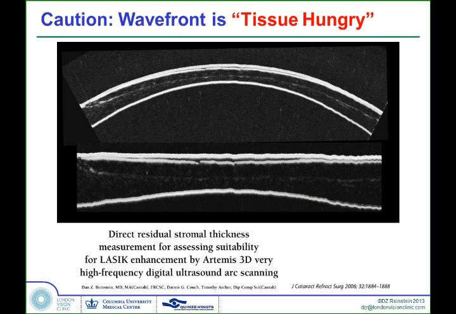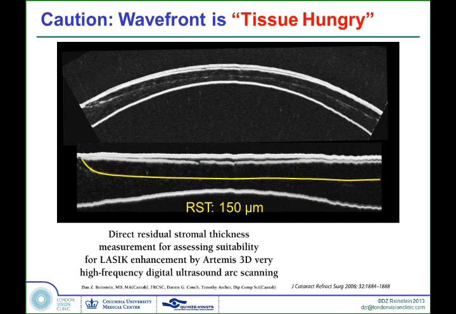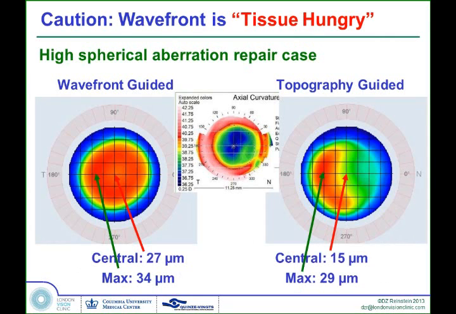The patient was sent to us for an opinion, but the previous treating surgeons had failed to recognize that, in fact, this patient had a super thick flap at the original surgery. And by simply trying to correct some aberrations, that actually brought the RST down to 150 microns. So we have to consider that wavefront corrections are a little bit more tissue hungry as a mechanism of how they go about repairing the aberrations.